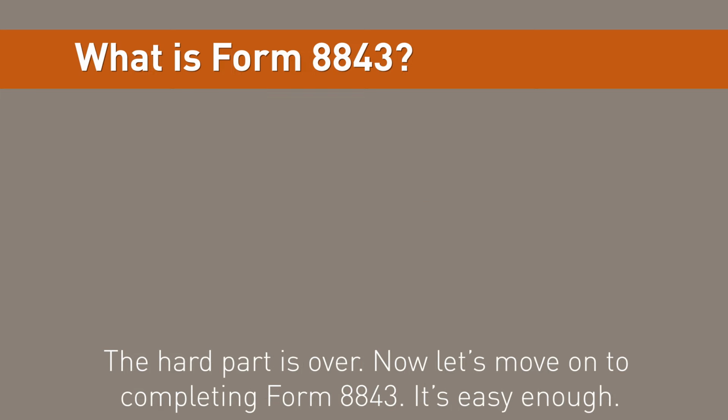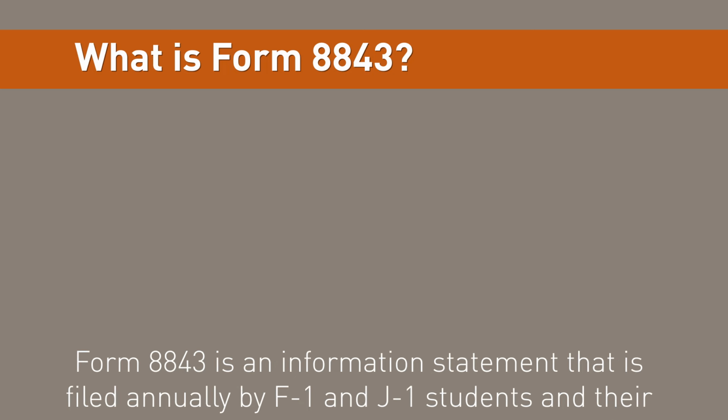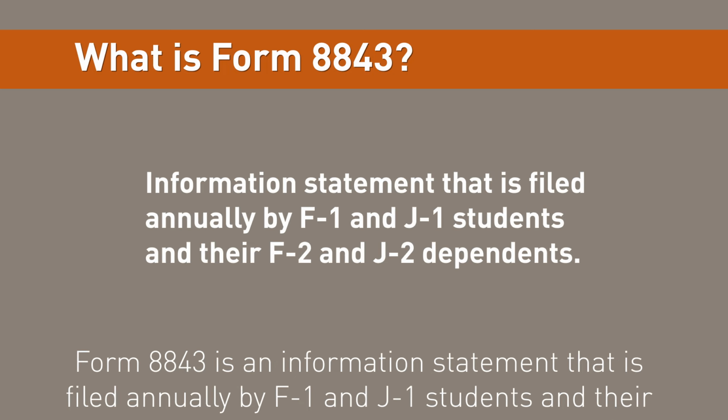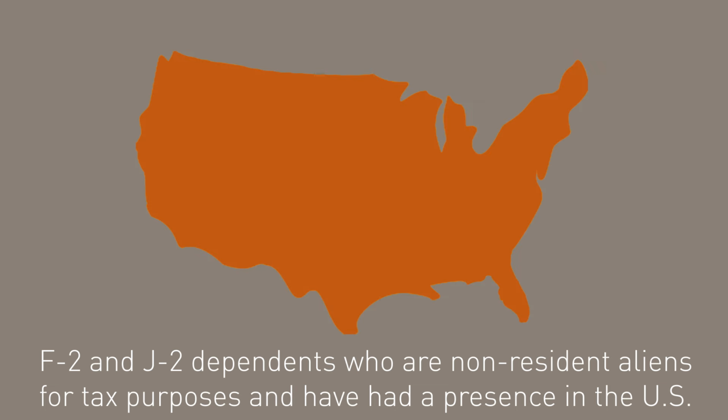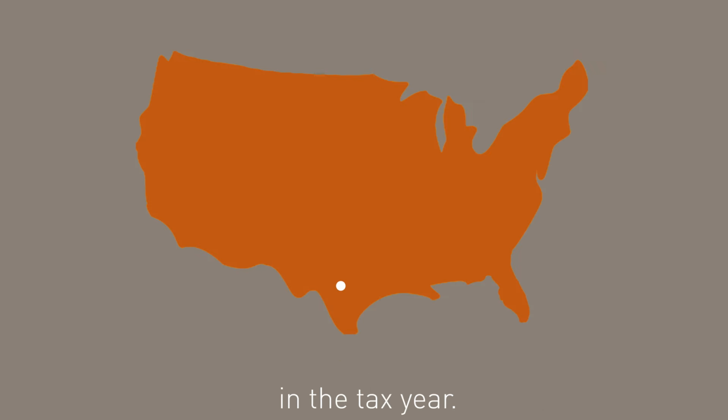The hard part is over. Now let's move on to completing Form 8843. It's easy enough. Form 8843 is an information statement that is filed annually by F1 and J1 students and their F2 and J2 dependents who are non-resident aliens for tax purposes and have had a presence in the U.S. in the tax year.